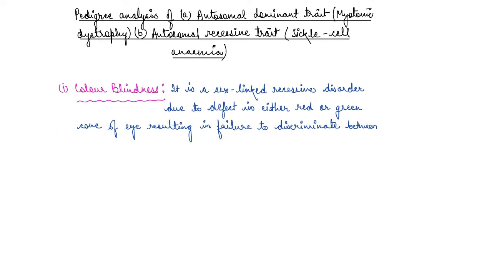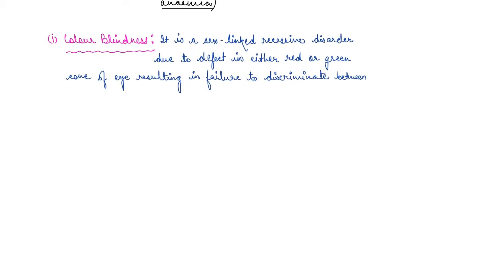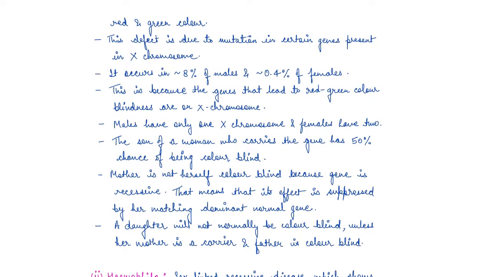Color blindness, guys, is a sex-linked recessive disorder. It is basically a defect in either the red or green cone of the eye, which results in failure to discriminate between colors, basically failure to discriminate between red and green color.